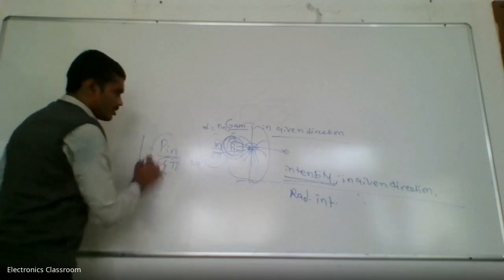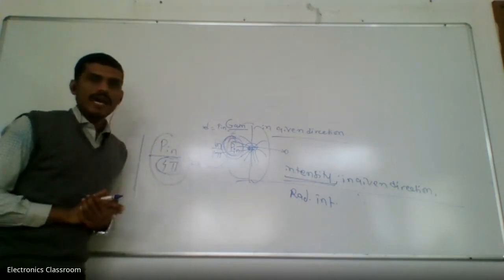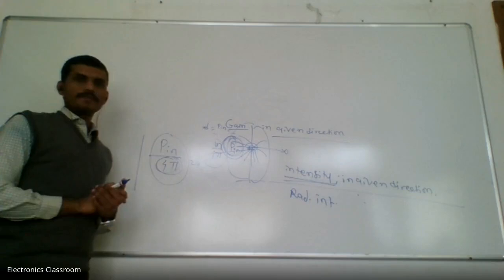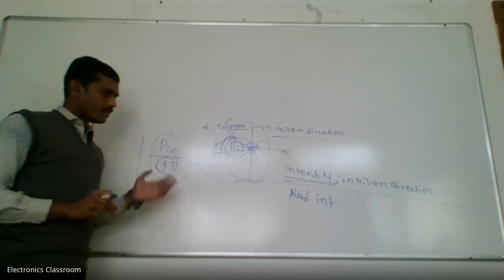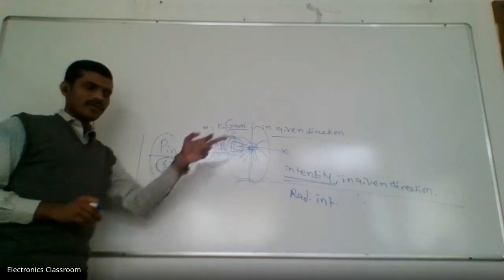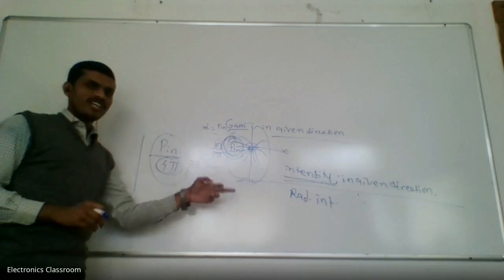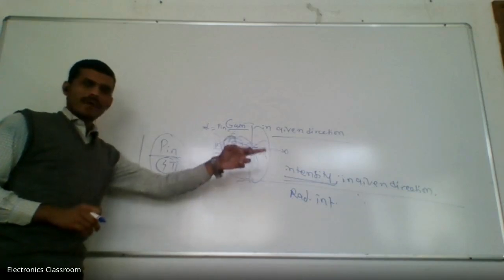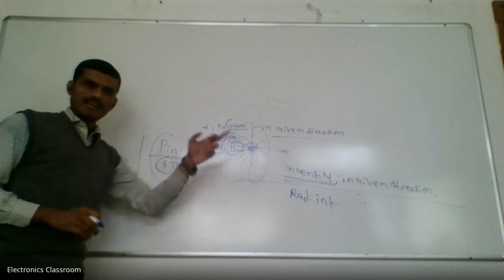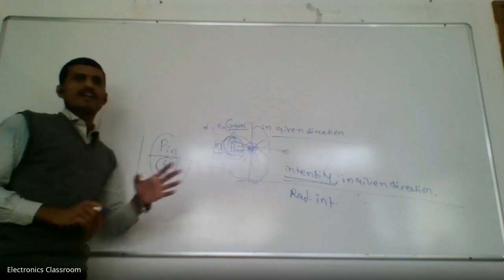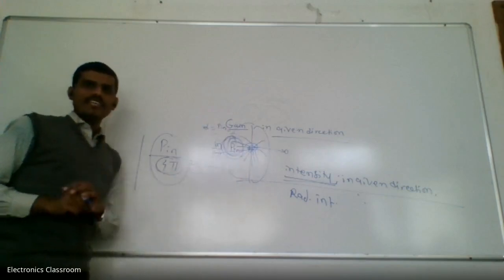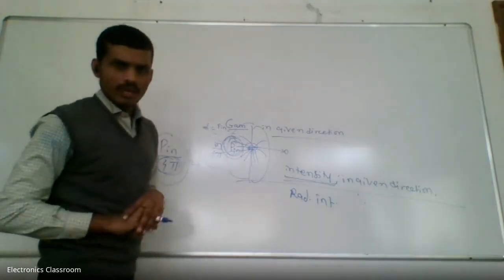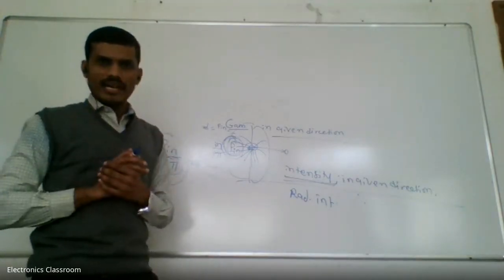So this power is equal to P in divided by 4 pi. Now, हे समजतंय का? Intensity in given direction to the radiation intensity that would be obtained if power accepted by the antenna were radiated isotropically. Now the radiation intensity corresponding to the isotropically radiated power.